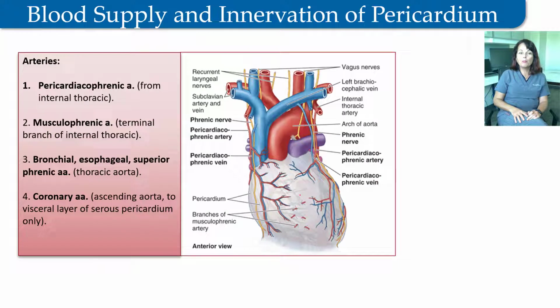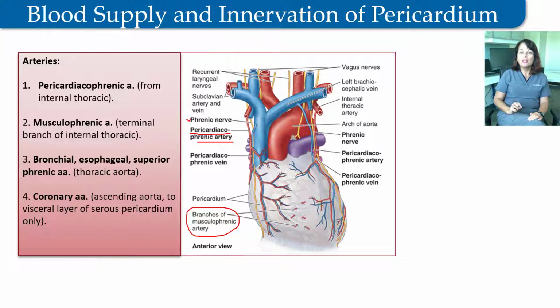The arterial supply of the pericardium is mainly from a slender branch of the internal thoracic artery, the pericardiacophrenic artery, that often accompanies or at least parallels the phrenic nerve to the diaphragm. Smaller contributions of blood come from the musculophrenic artery, a terminal branch of the internal thoracic artery.